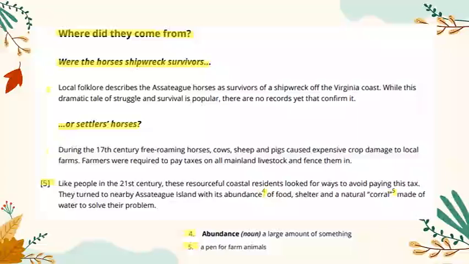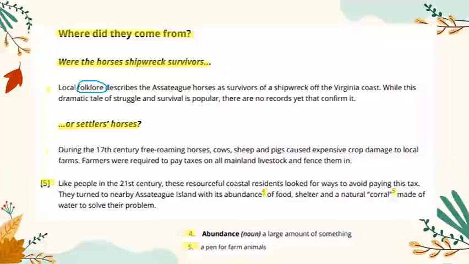All right, let me shift to my pen. And as we're reading, we'll just circle things that we find are important that we can use as evidence later. Local folklore. All right, wait a minute. Folklore is like folk tales, stories passed down through the generations by word of mouth, so people are just telling stories.